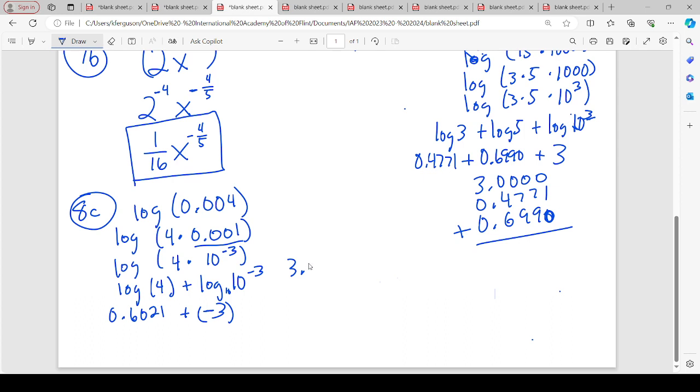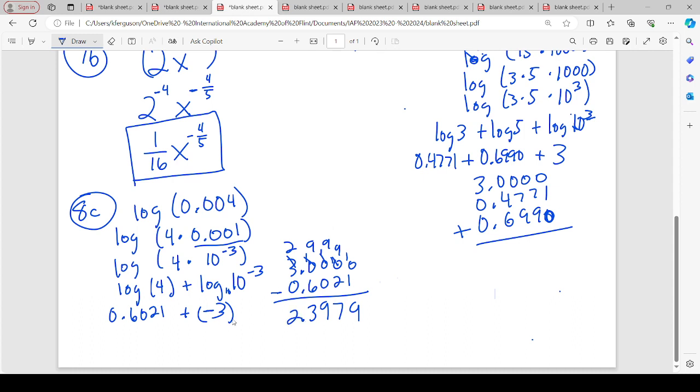So I'm going to have 3.0000 and 0.6021. I need to subtract that, not add it, because that's a negative number and that's a positive number. So I'm going to have to borrow, make that a 10 and a 9, make that a 10 and a 9, make that a 10 and a 9, and then make that a 10. So that's 2.3979.